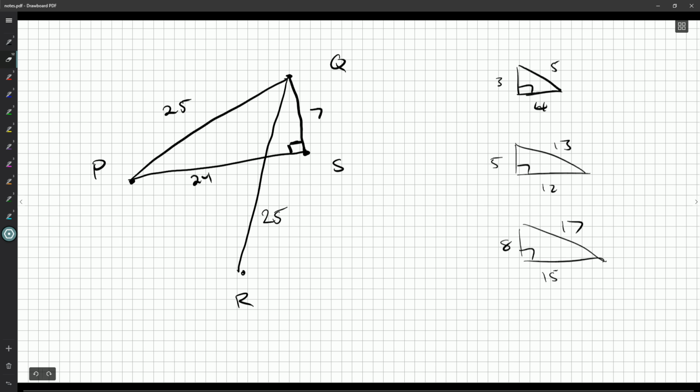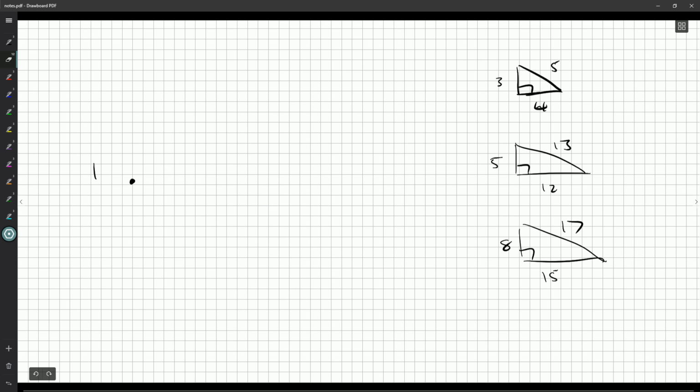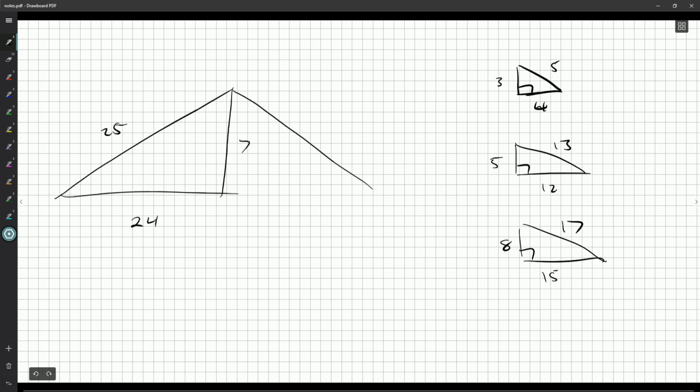And it's got me thinking that since QR is also 25, maybe with 7 here, 24, 25, QR is something like this, and we've got another right angle triangle. Might be the case.